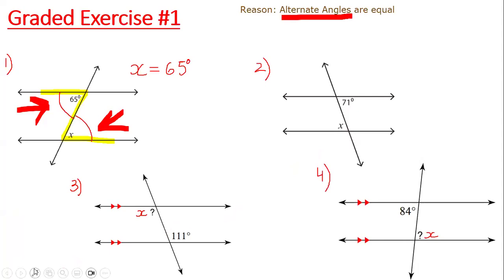No, both sides are alternate. If you look for the Z, you'll see 71 and X are both on that Z line. So these two are alternate angles. Yes. Let's draw it.